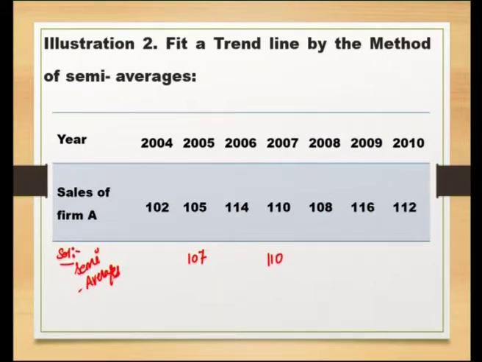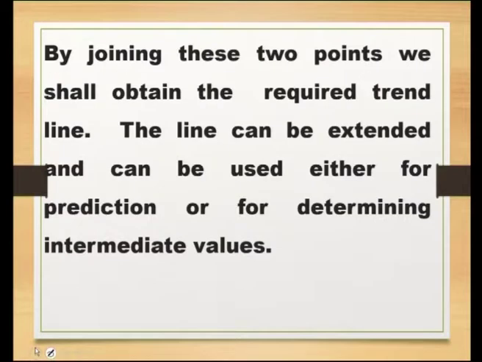And for the last 3 years we calculate the average as 112, and it is written here against 2009, which is the middle year of the last 3 years. By joining these 2 points we shall obtain the required trend line. The line can be extended and can be used either for prediction or for determining the intermediate values.